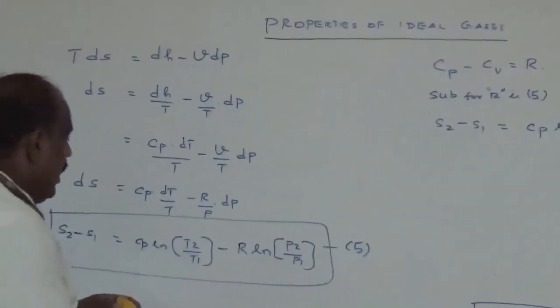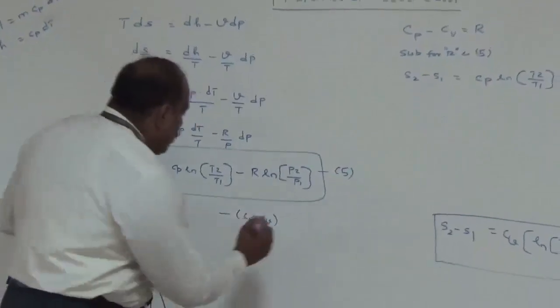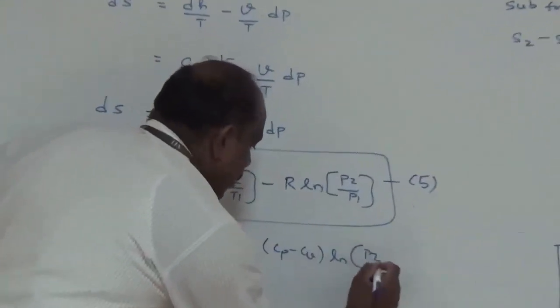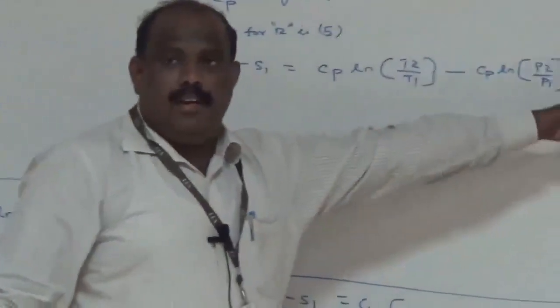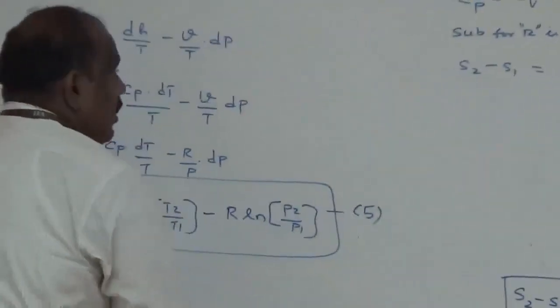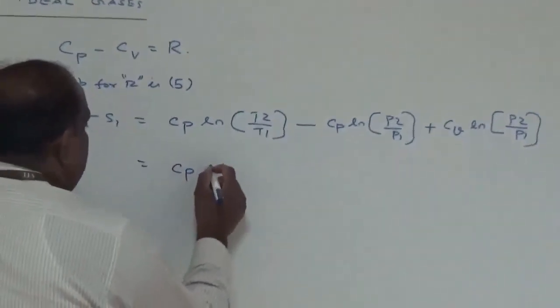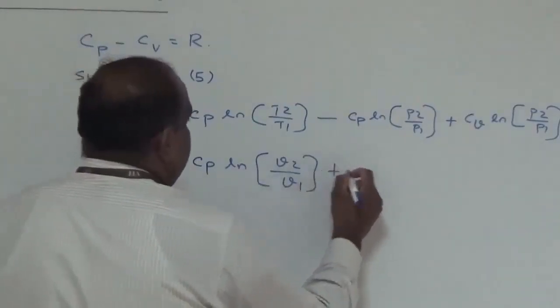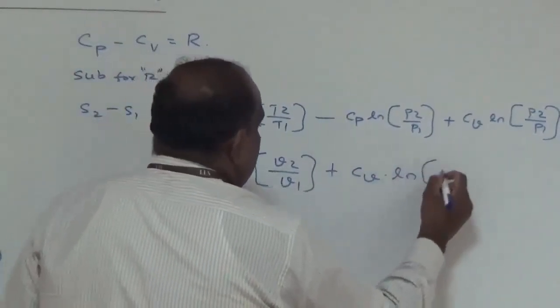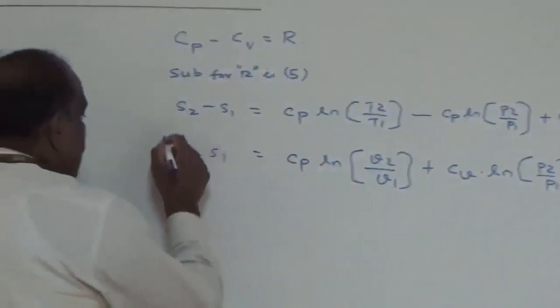For this R, I have replaced it with Cp minus Cv, into ln of P2 by P1. The first term will be Cp into ln of P2 by P1, and the second term will become minus of minus, plus Cv into ln of P2 by P1. Now we can combine these terms, and this is nothing but S2 minus S1.